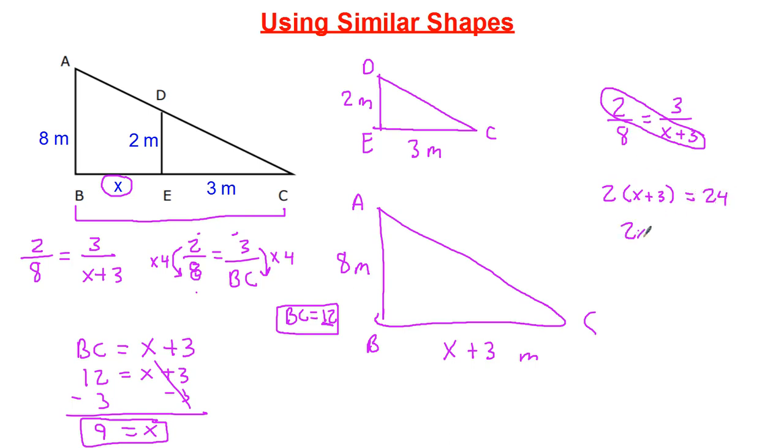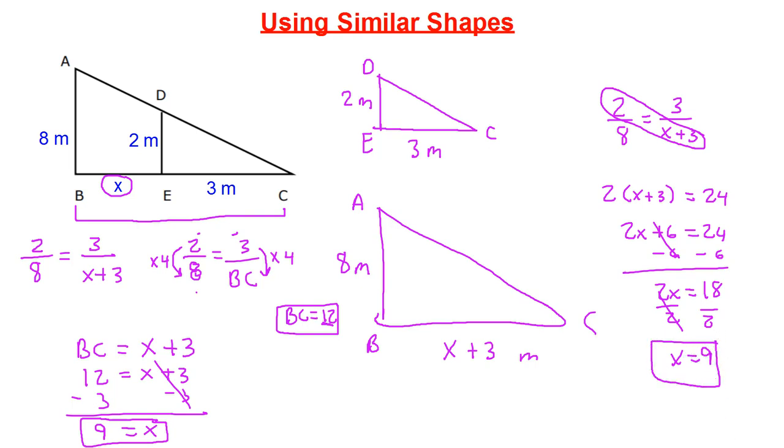So we have 2x plus 6 equals 24, minus 6, 2x is going to be equal to 18, divided by 2, so x is equal to 9. So you still get the same answer here. Okay? So if you know the cross product and you know your distributive property, this might be easier, but if not, just do the regular thing, find BC, and then subtract 3 from that amount.